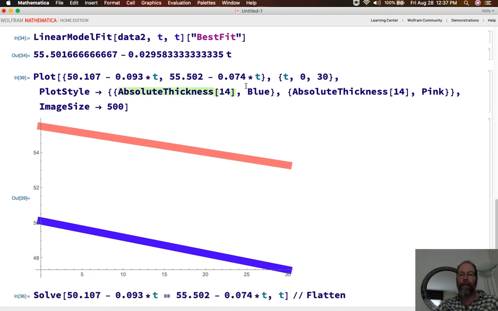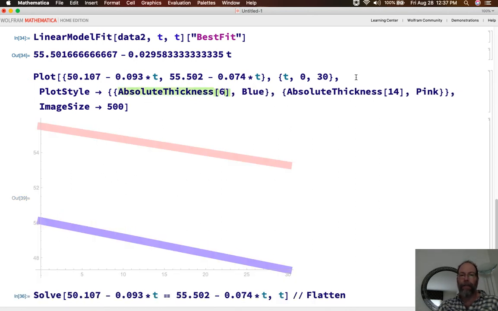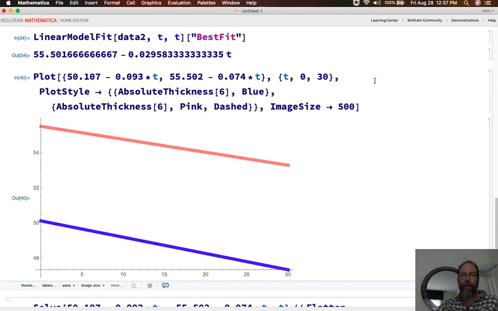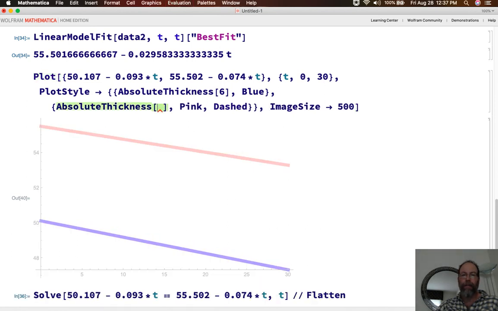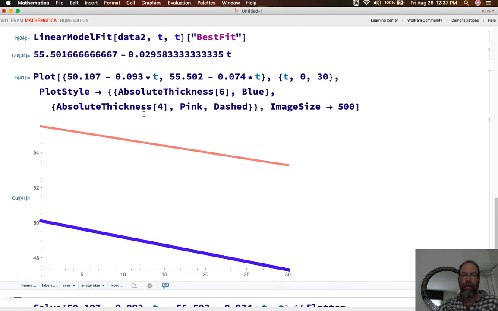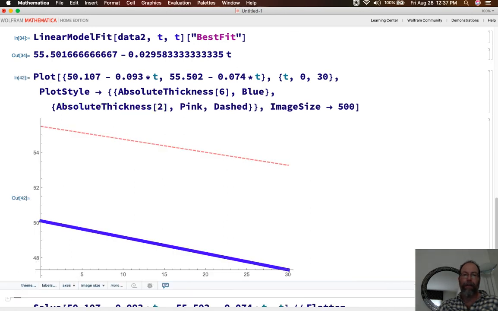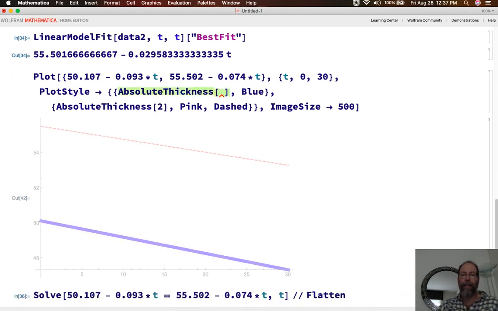So the men's line, let's make that a little thinner. The women's line, I could also make it dashed. You won't be able to see it that well. Oh, wait a second. How about, there we go. Okay, so I could dash my lines.